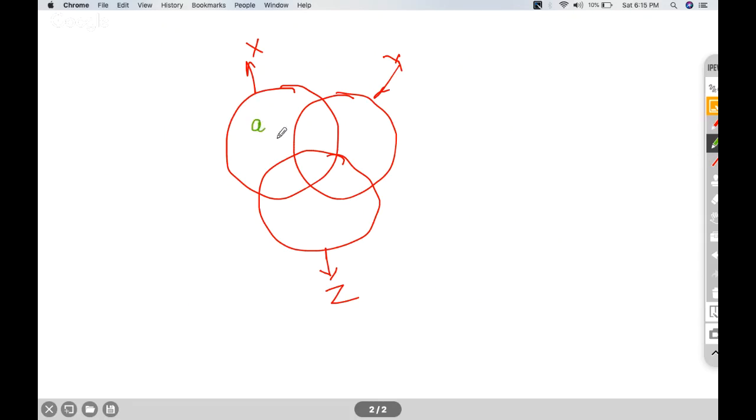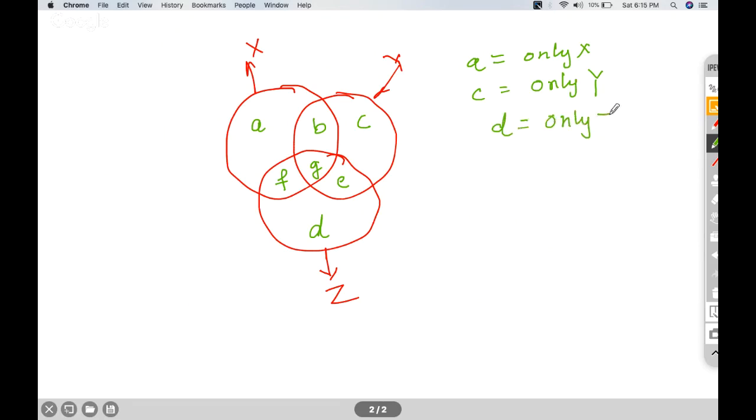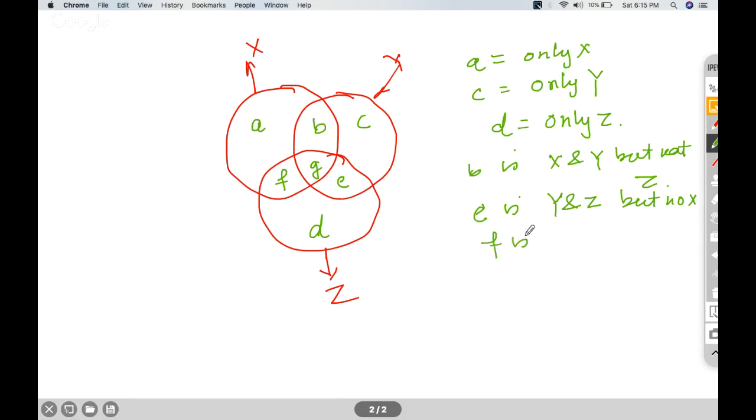Suppose this area I'm assuming A, this is B, this is C, this is D, this is E, this is F, this is G. So A is only X, C is only Y, D is only Z, then B is X and Y but not Z. E is Y and Z but not X. F is X and Z but not Y. And G is all of X, Y, and Z. So this is how you identify different areas.